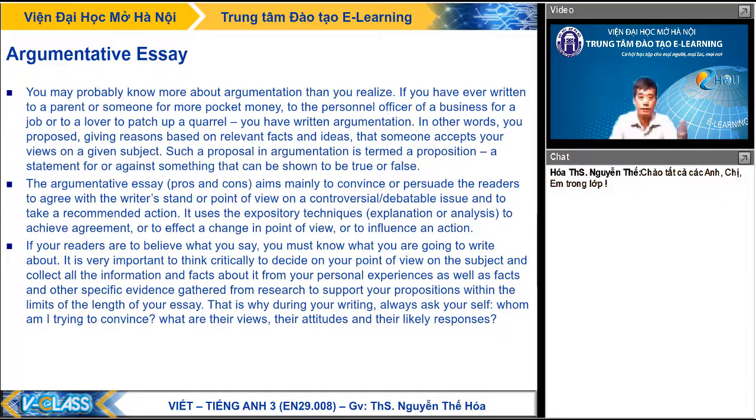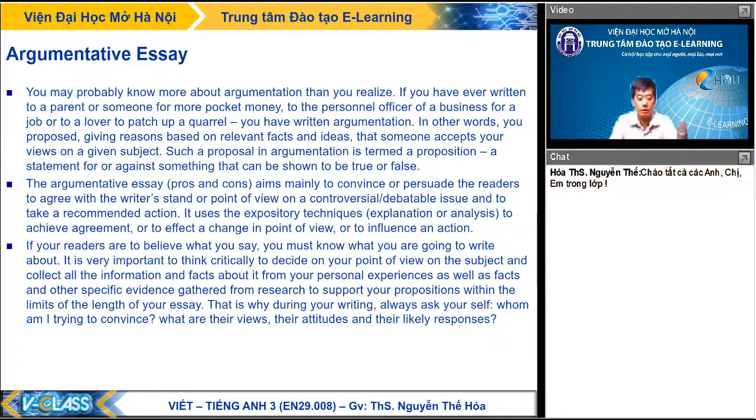And now the next one, that is called the argumentative essay. You probably know more about argumentation than you realize. You have written to a parent or someone for pocket money, to a personnel officer of a business for a job, to a lover to patch up a quarrel. You have written argumentation.